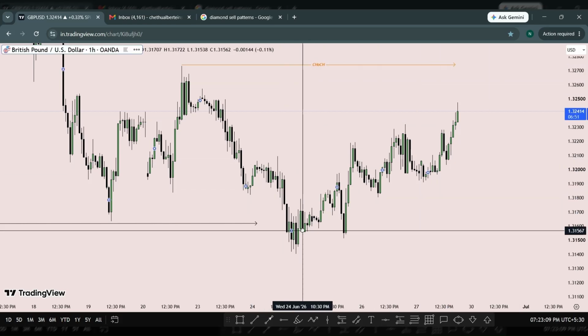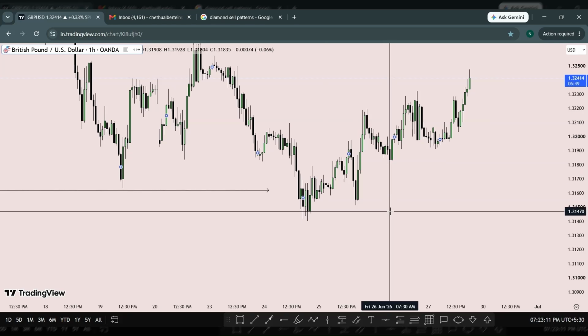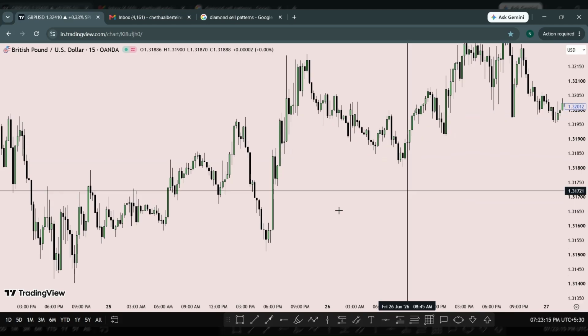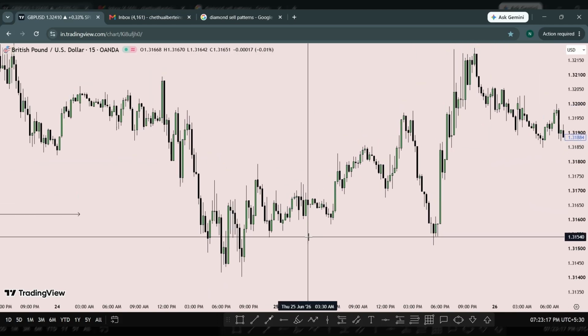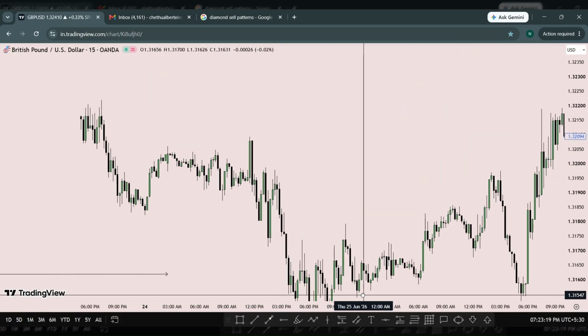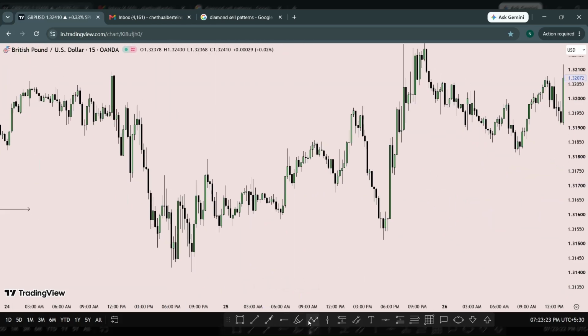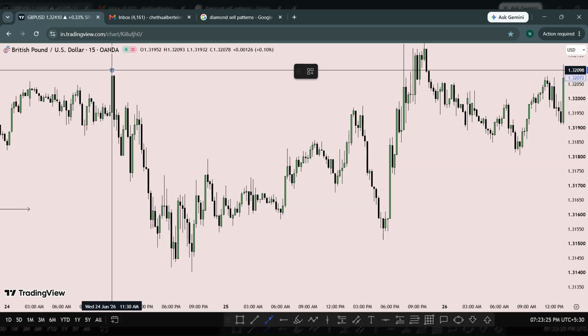I think let's move to the 15 minutes chart. Is there anything else to check in the 15 minutes chart? This is change of character. This is change of character.